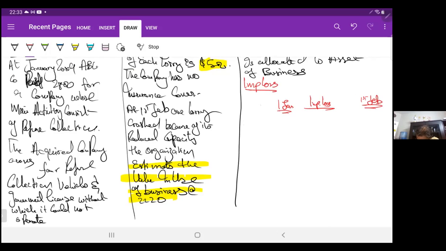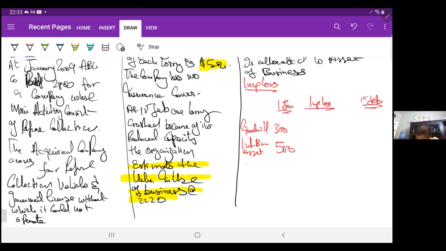goodwill. Firstly, 300 on 1st Jan. Then intangible business asset, that was 500.